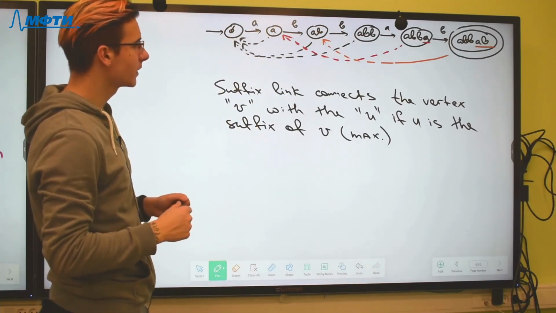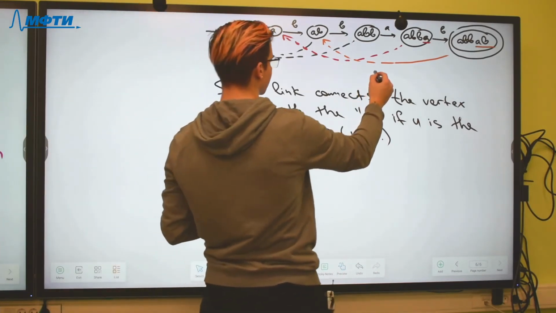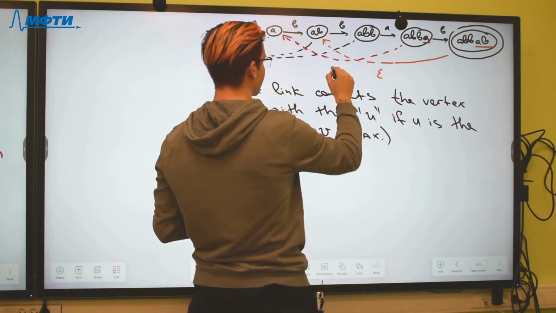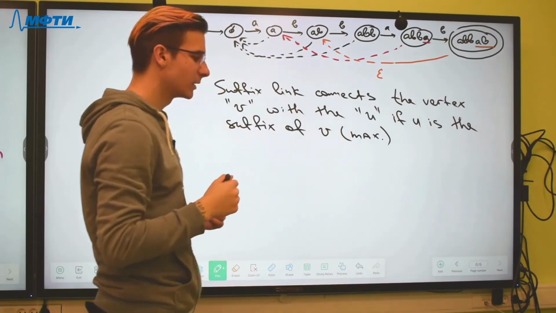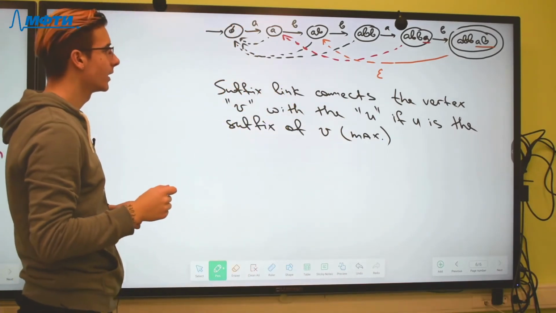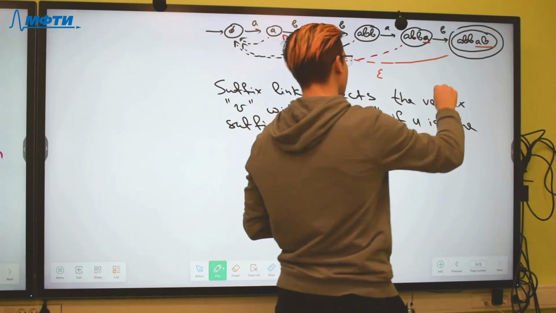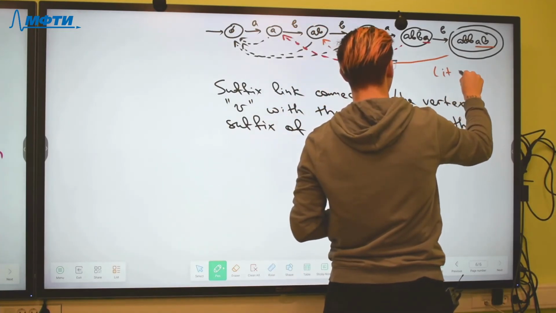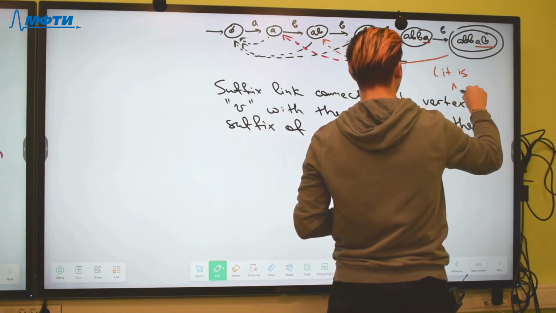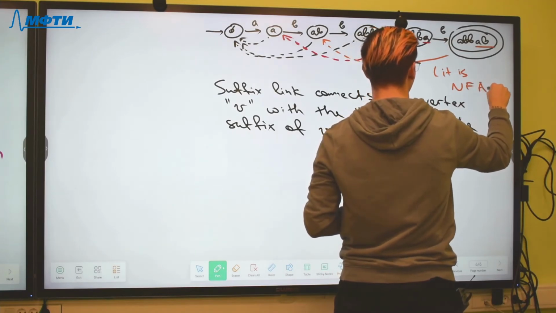In the common case, these links have an empty character, and it is one of the models of NFA. Of course, it is a non-deterministic finite automaton.